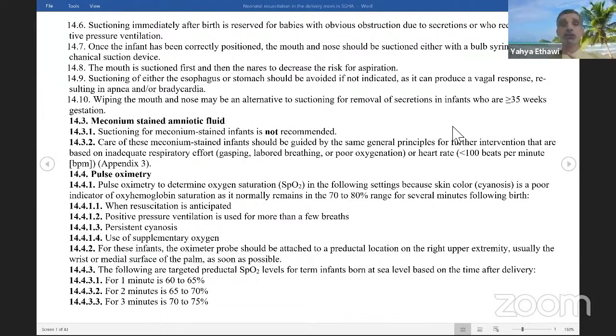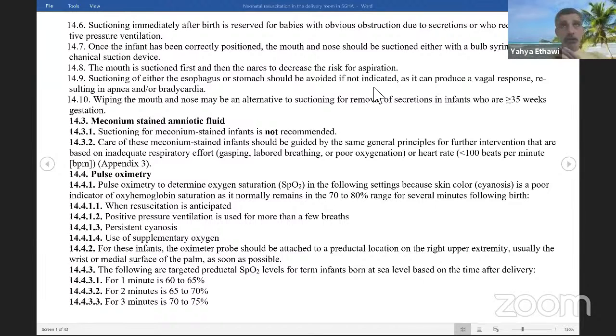Third, it will take time. And fourth, it's nutrition. The baby needs to eat it, absorb it. You don't need to take it out, even if it's blood. But the suction is only for the upper airway, to clear it if there is obstruction of the airway. That's all the suction. So remember, no suction, no need.